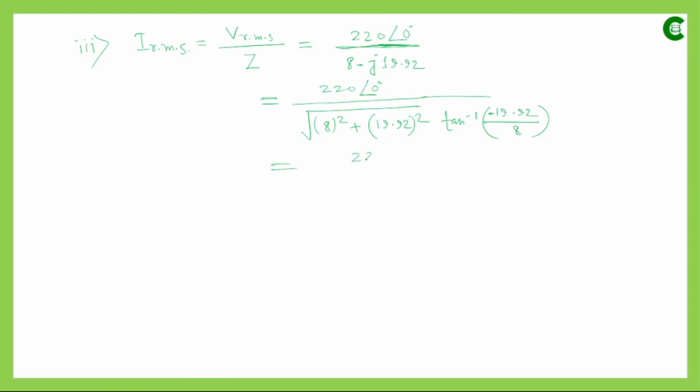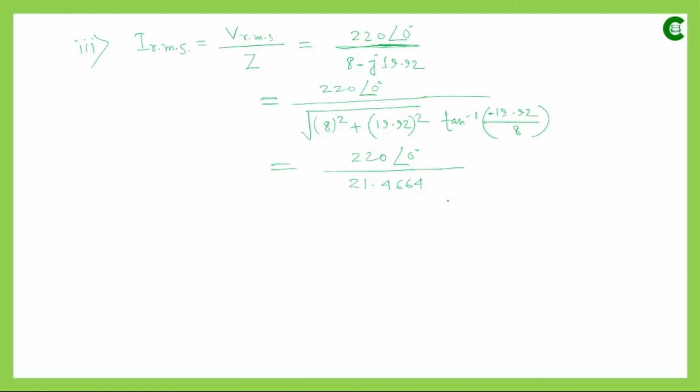Now from here we will get 220 angle 0 degree, and in the denominator this will give us a value which will be 21.4664, and the angle value we have already found in our previous step, that was tan inverse of this value, which gave us 68.12.